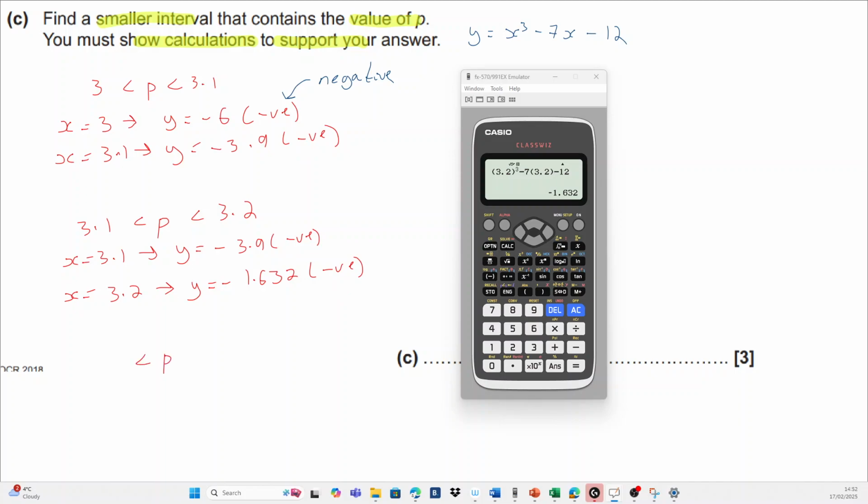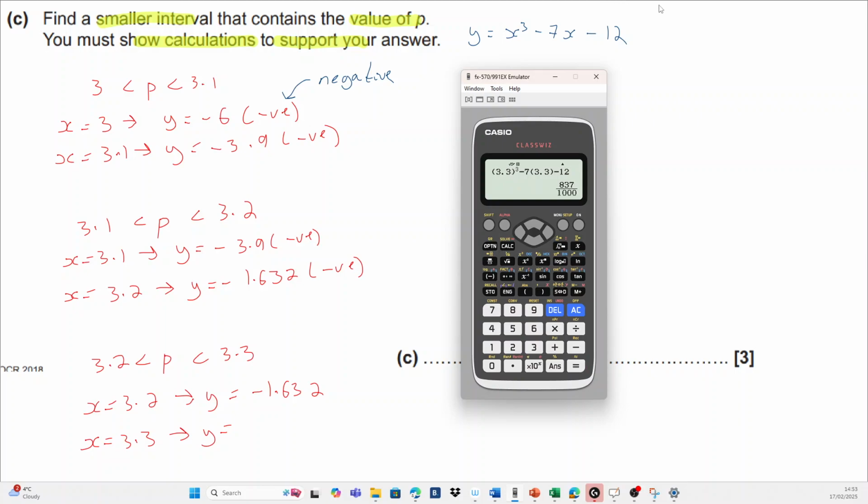Let's go for between 3.2 and 3.3. We know that when x is equal to 3.2, we got y being equal to minus 1.632. When x is equal to 3.3, what do we get? Let's put it into this, changing that to 3.3.